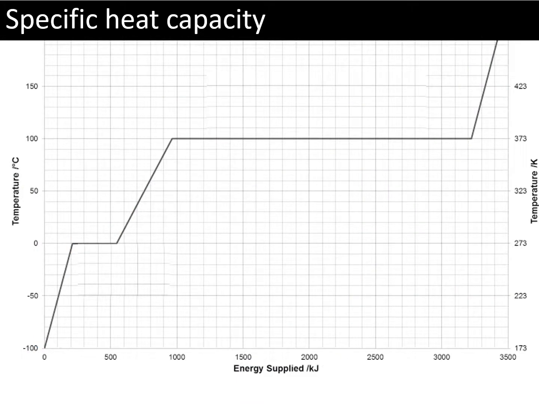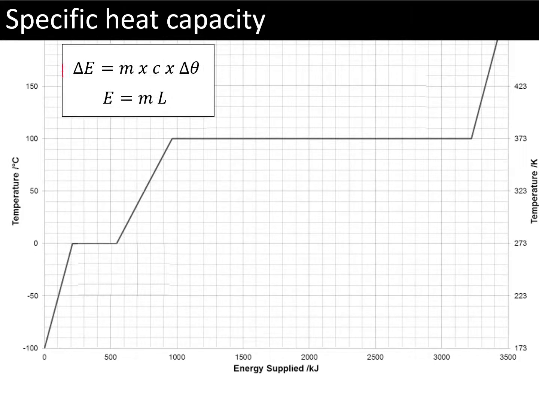So, first problem. In order to figure out the specific heat capacity, we need to use the top equation here. Okay, so if we rearrange that, we get C is equal to energy, the amount of energy supplied, over mass times the change in temperature.